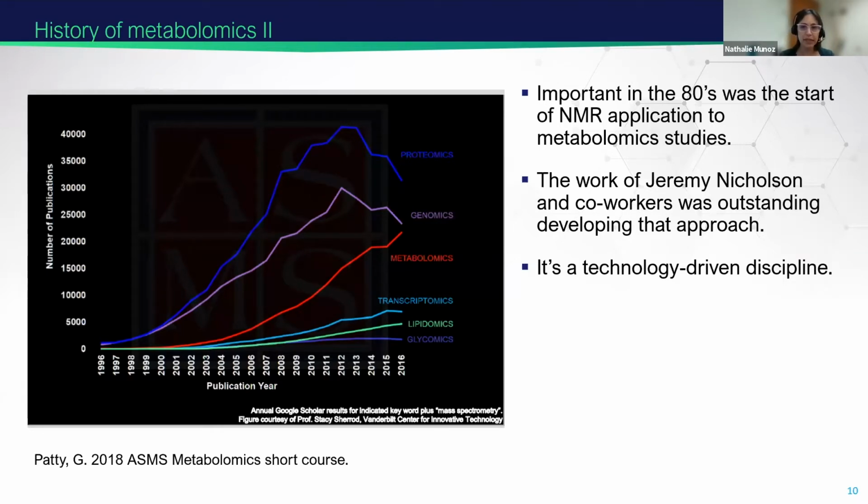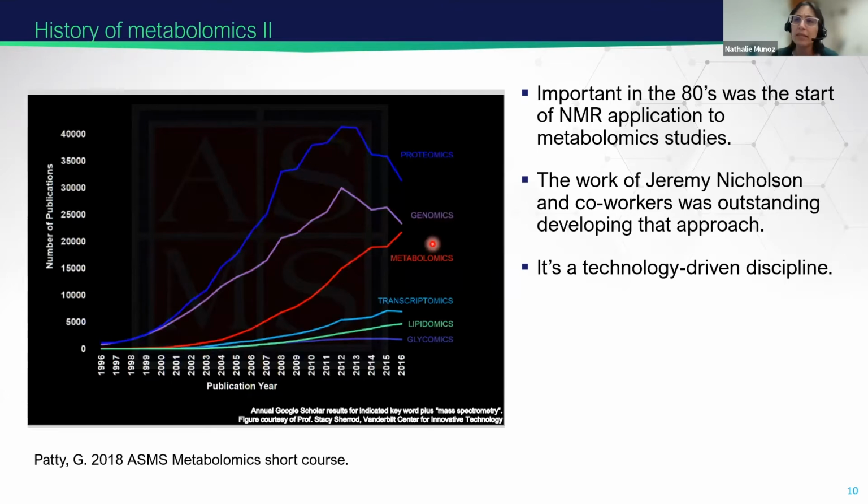This figure is a little bit outdated, but we can see that metabolomics is trailing behind proteomics and genomics, which are more popular, and metabolomics is considered younger compared to these other two techniques. So yes, the red line is the metabolomics papers that have been published up to 2016.